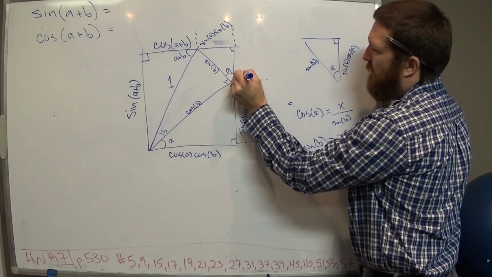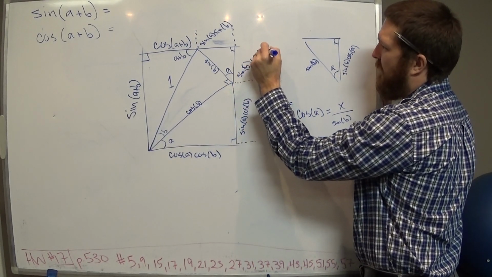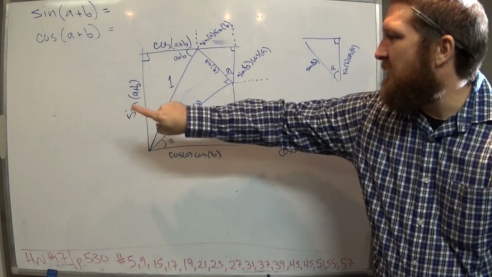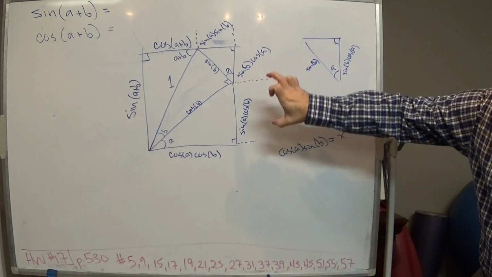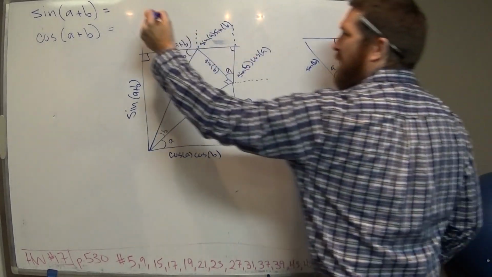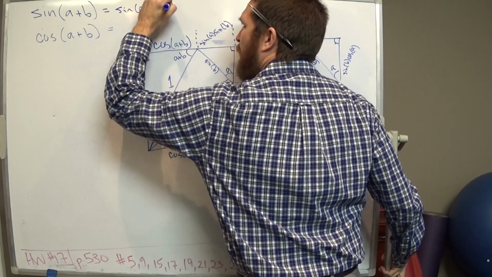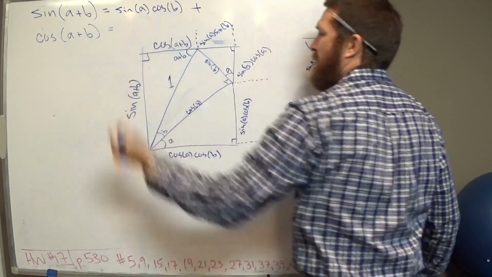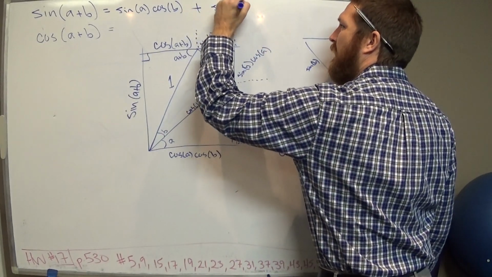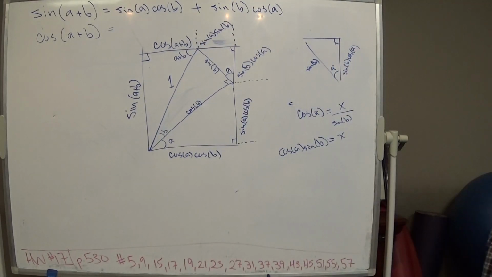Therefore, this is what we're looking for, finally. We get that sine of A plus B is that one plus that one. So sine A cosine B plus sine B cosine A. Huh, I'll be.